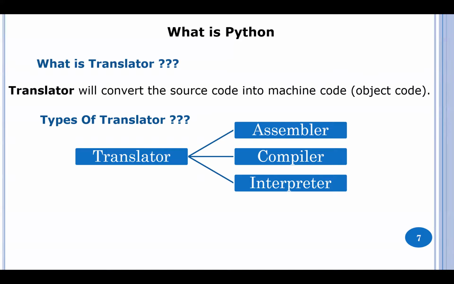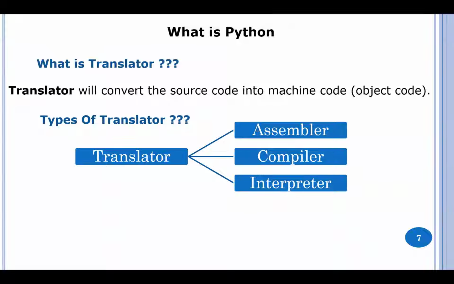So the program we have written in low level, do we require any translator for that? No. Because in what did we write the program? We wrote the program in machine language, 010101.